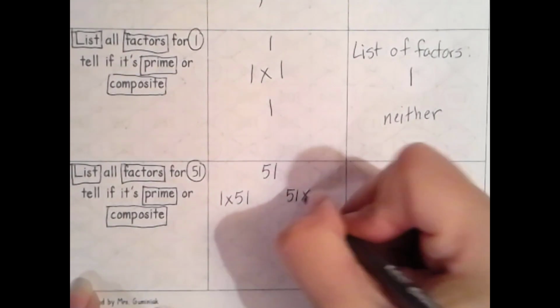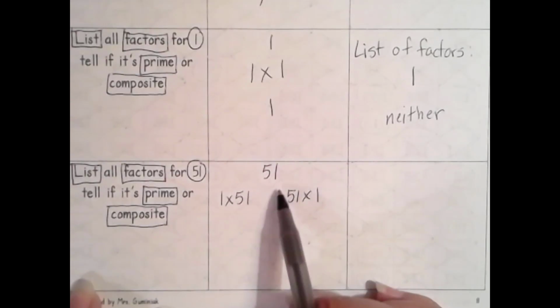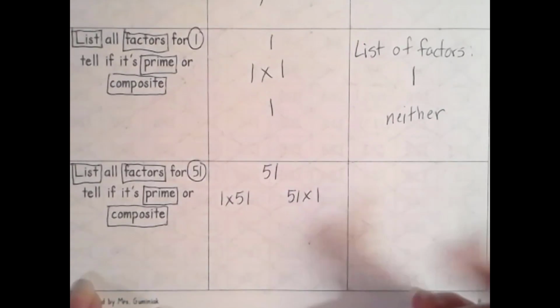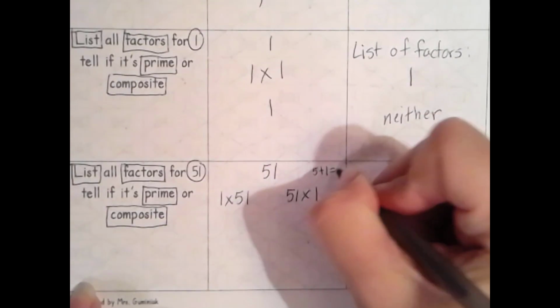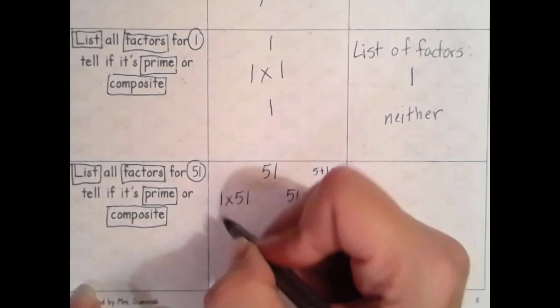Using the commutative property of multiplication, I can also write 51 times 1. Going through my divisibility rules, next I try 2. The rule for 2 is that it ends in an even number. It ends in an odd number, so 2 is not a factor. And no other even number will be a factor. So we try 3. 5 plus 1 equals 6. So 6 is a multiple of 3, so 3 is a factor.